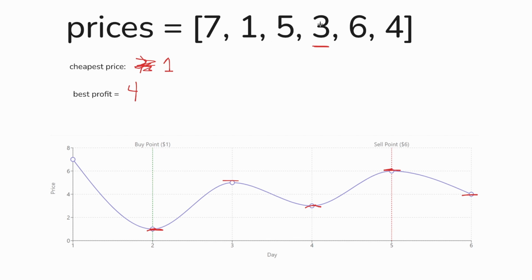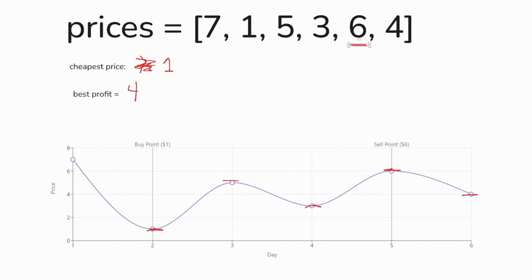So if we sold today, it would be 3 minus 1, a profit of $2. But that's smaller than the best profit. Remember, we want the best possible profit we can get. So 3 minus 1 is 2, still lower than 4. So right now, it still stands that the best day to buy is on the cheapest price day, and the best day to sell to get the maximum profit would be on day 3. So we're going to keep going.